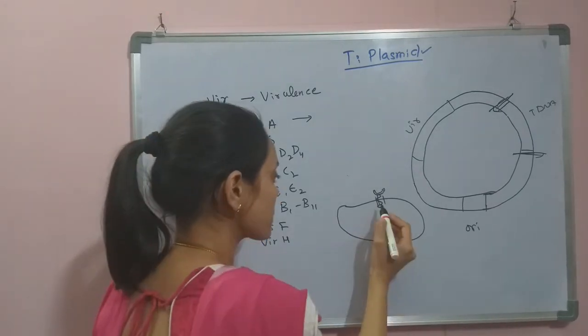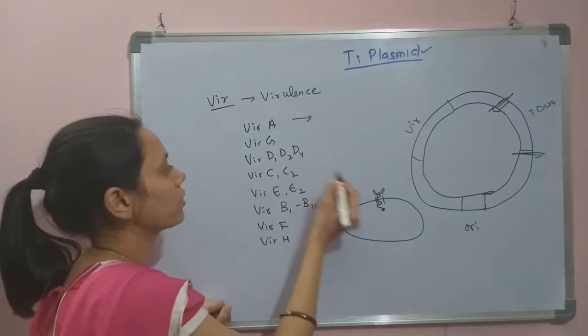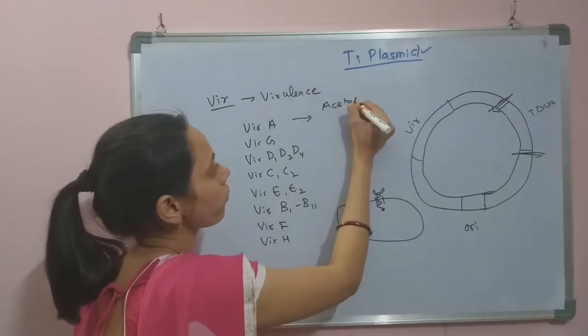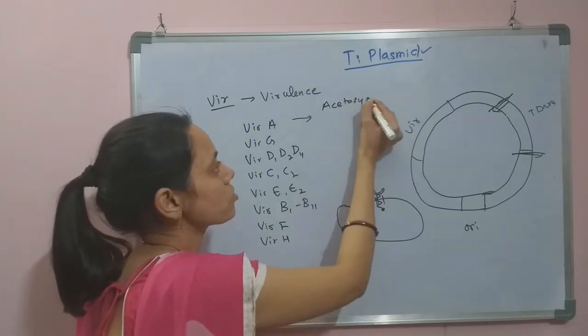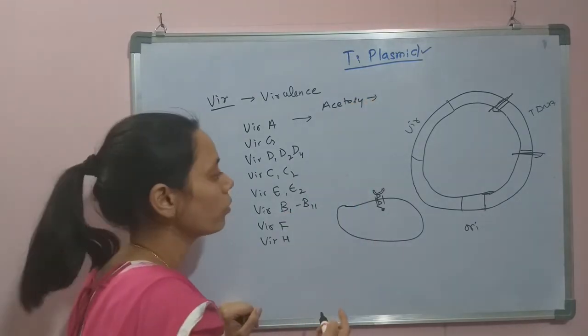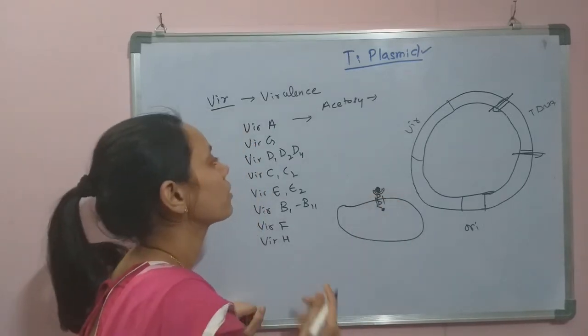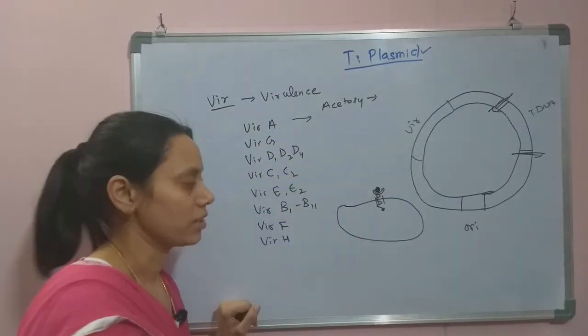So this is the signal, that is acetosyringone. So this acetosyringone ligand will go and bind with the receptor, that is the product of the Vir A gene.